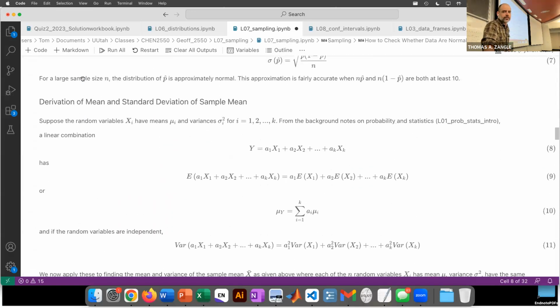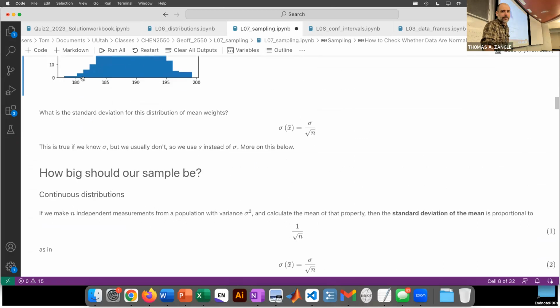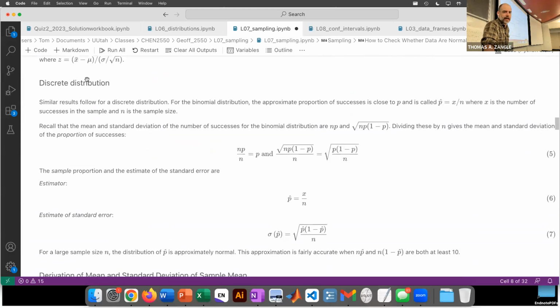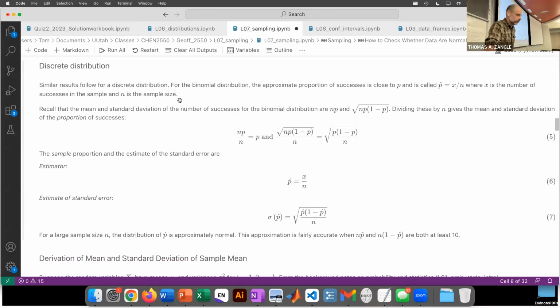We can use that then to approximate what happens with our sampling process, right? If we have a large number of samples, we can do a similar kind of analysis for what happens with sample size if we have a discrete distribution. So we'll start with the binomial.